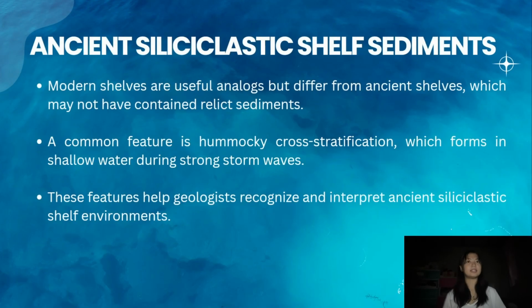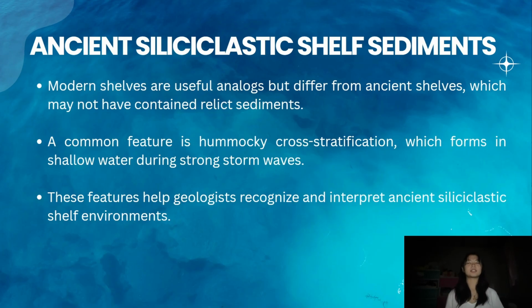So, moving on to the next slide, we will tackle ancient siliciclastic shelf sediments. We can study ancient shelves by looking at their preserved sediments in rocks. They often show special sedimentary structures that give us clues about the processes that shaped them.